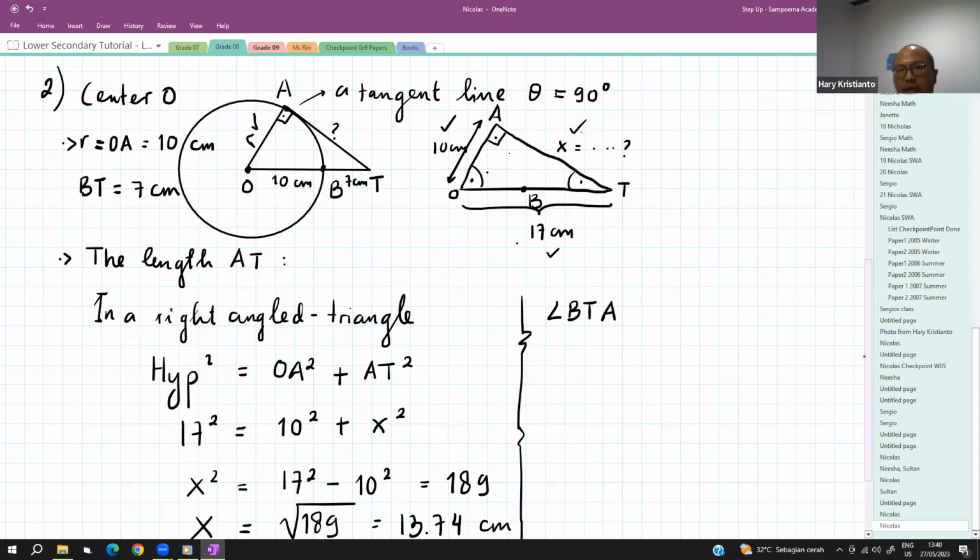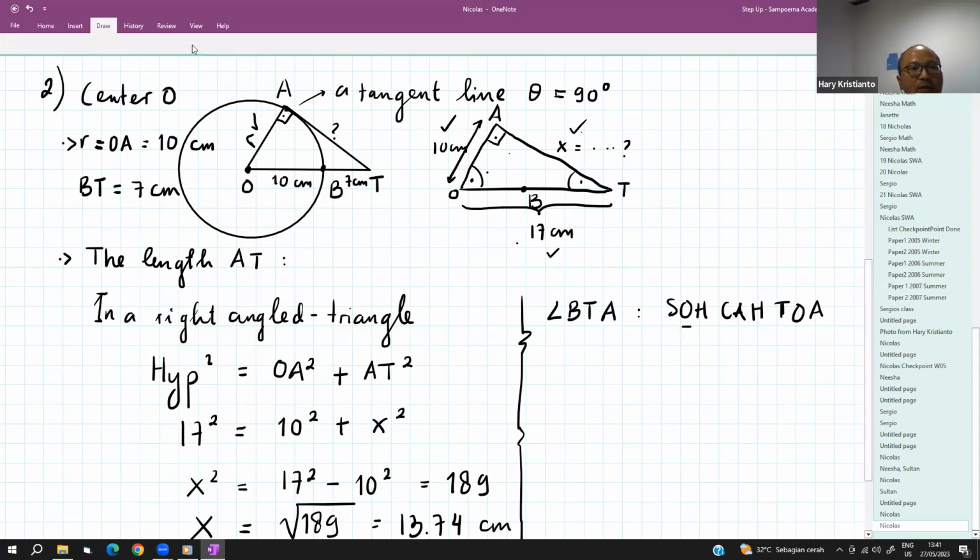How do you get angle BTA? Let's use SOH CAH TOA. This time you are free to choose any of them, because you know the opposite, which is 10 centimeters, in front of this angle. You can use CAH because you know the adjacent and the hypotenuse, and TOA because you know opposite and adjacent.